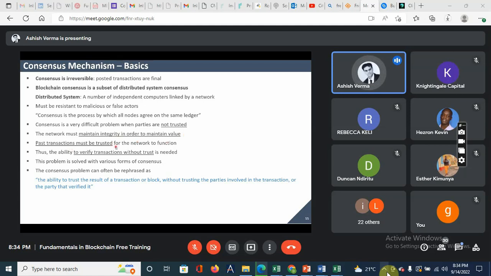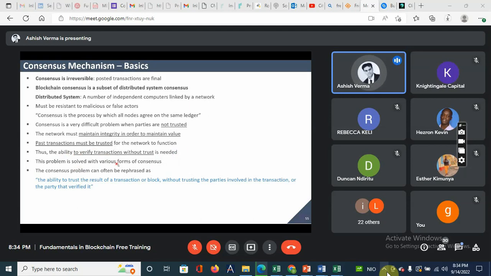Past transactions must be trusted. So whenever you are creating a new transaction, you can be sure that whatever has been added into the previous blocks is already validated and trusted. That's the byproduct of it. So the ability to verify a transaction without trust is needed. That's the consensus property.